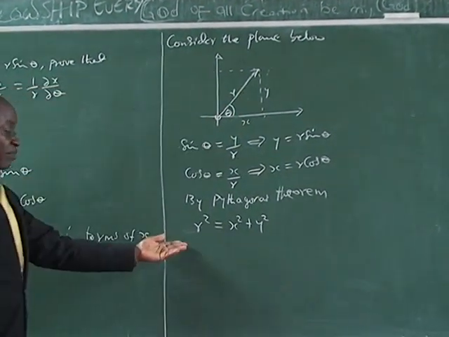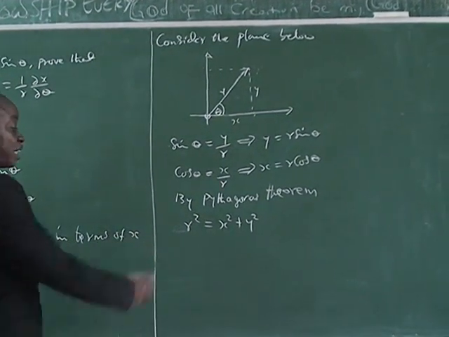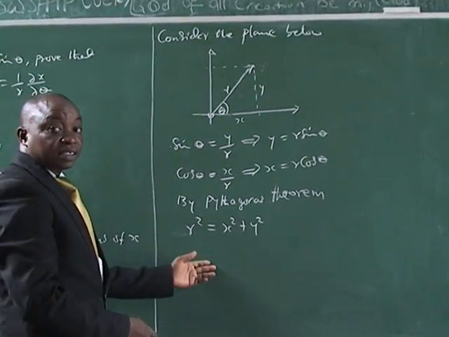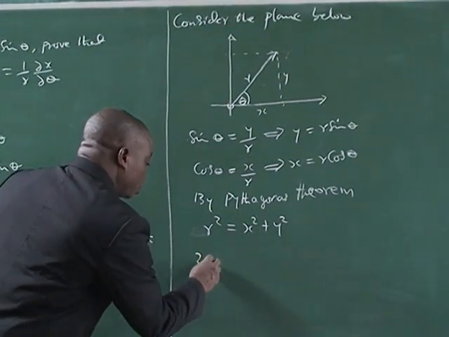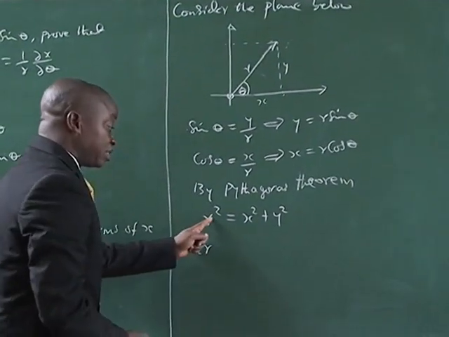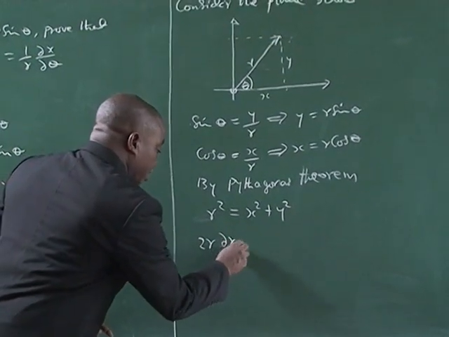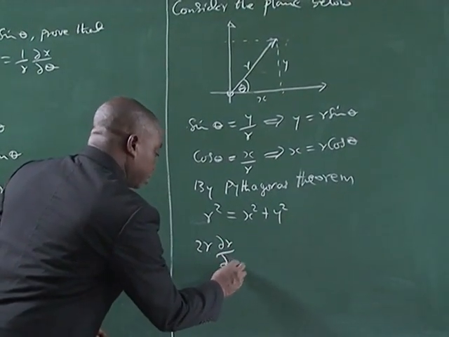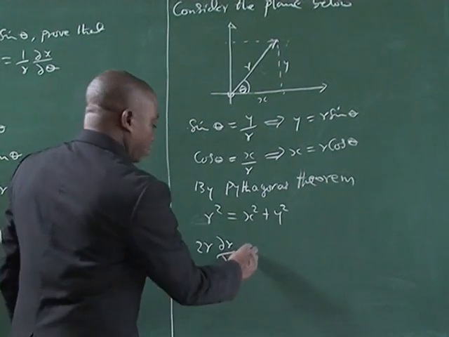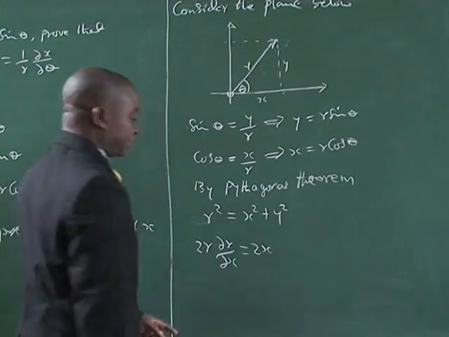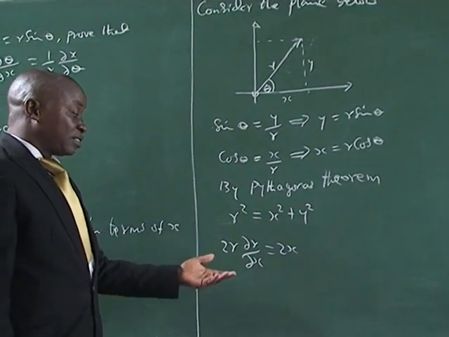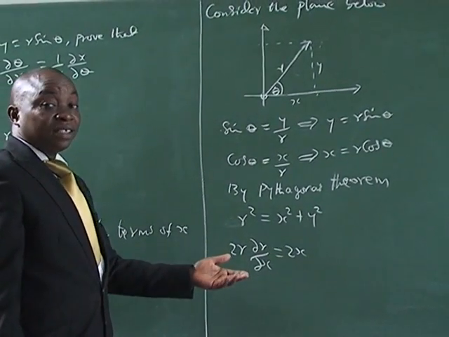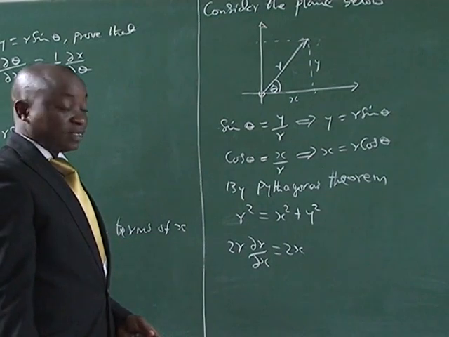So if we have that, if we differentiate partially, we have 2r, of course, partial r partial x, will be equal to 2x. This is not x, so we are differentiating it using implicit differentiation.